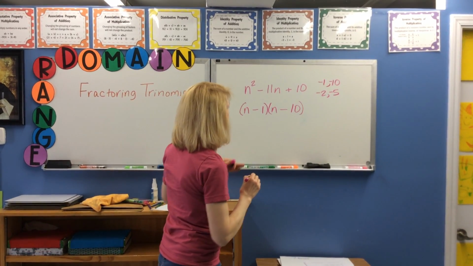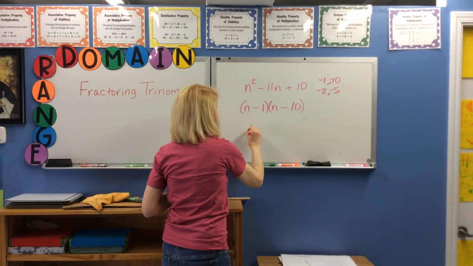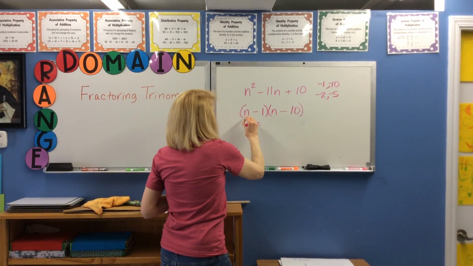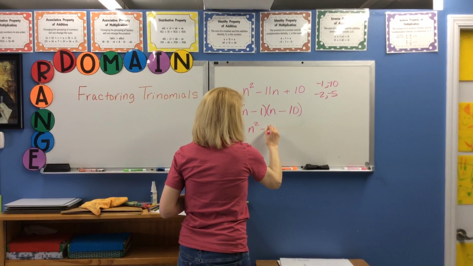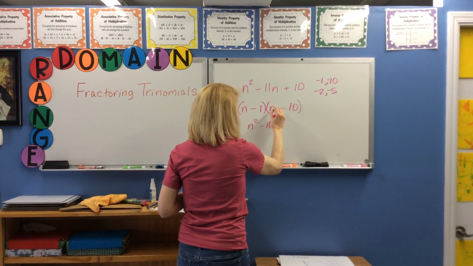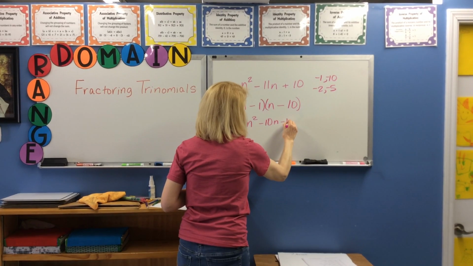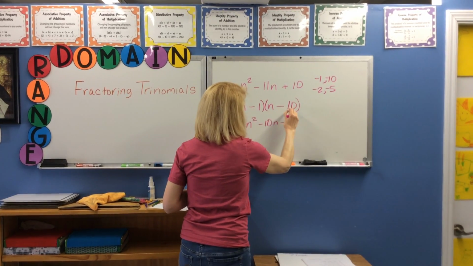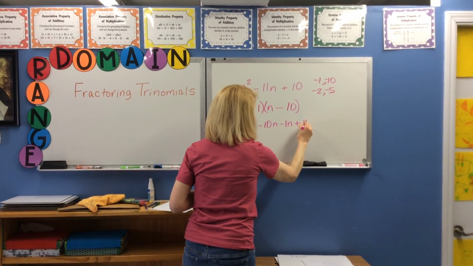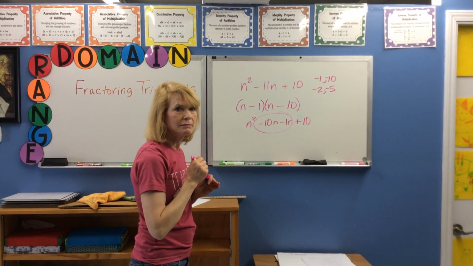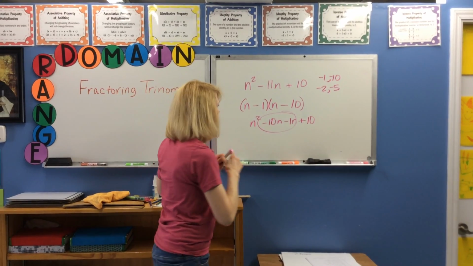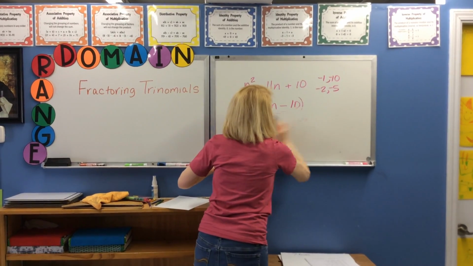And now if I check my work, I have n times n is n squared. N times negative 10 is negative 10n. Negative 1 times n, negative 1n. And negative 1 times negative 10 is 10. And I add these two together and I get negative 11n. Okay? We'll do one more and I think you'll be good.